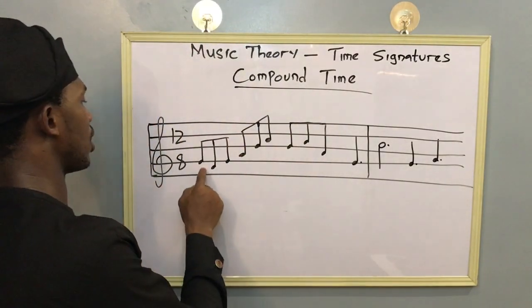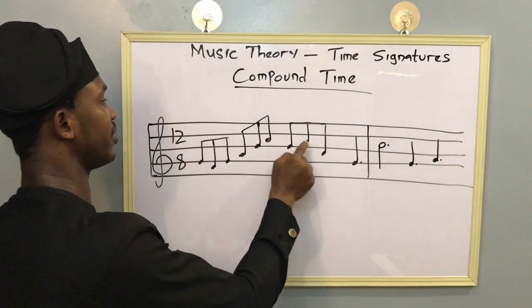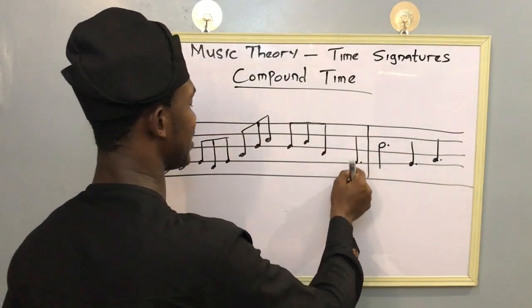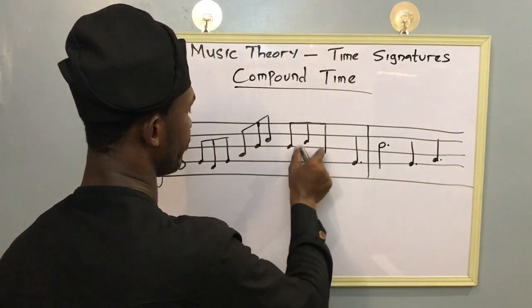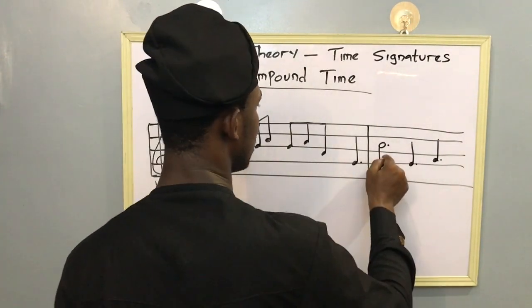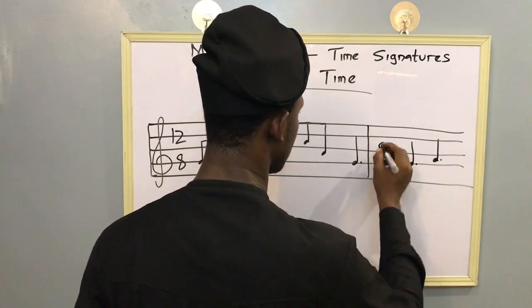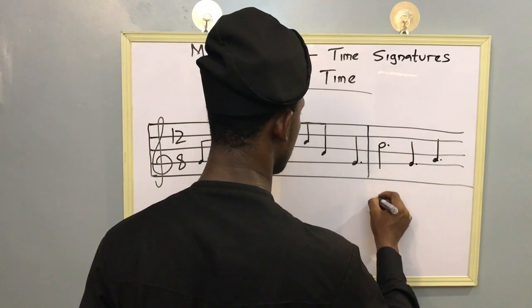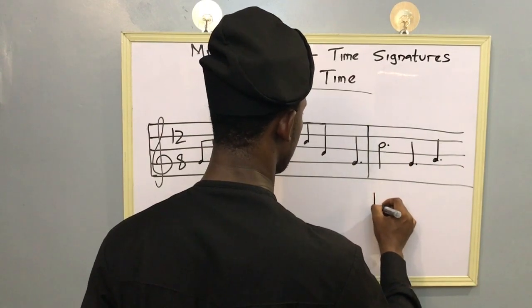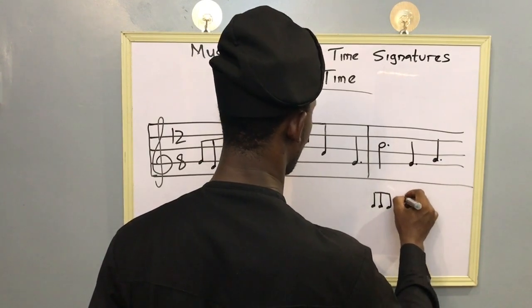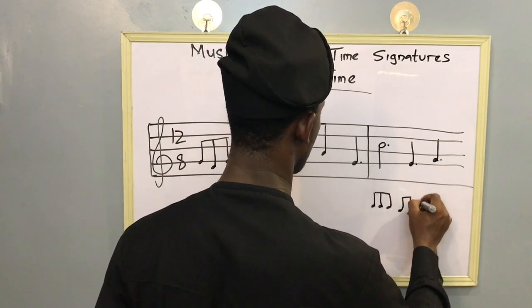So we have 1 2 3 4 5 6 7 8 9 10 11 12, because this one can be subdivided into 3 of these. Okay, now this one we already have. This one we mean 1, 2, 3, and another 1, 2, 3.